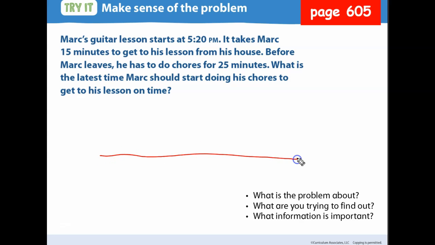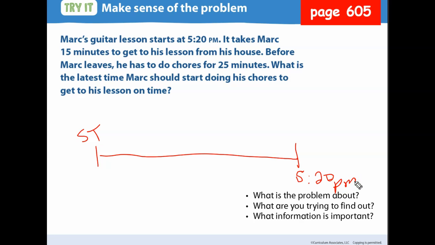Obviously, I'm going to do a number line. This is a start time. My end time. What's my end time? 5:20. Because he has to be there by 5:20, right?